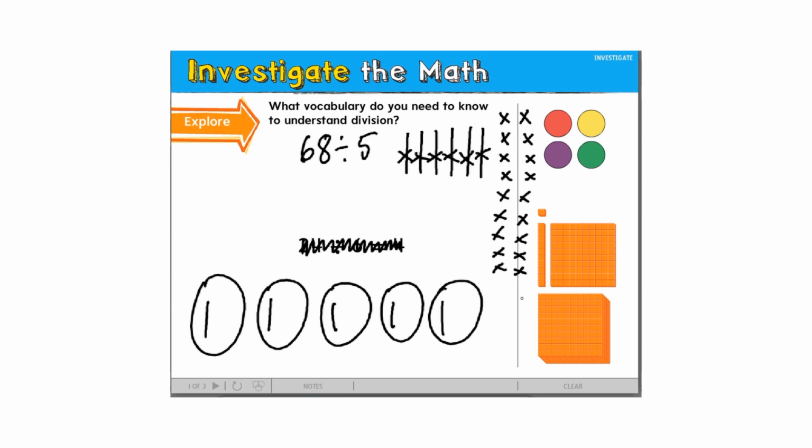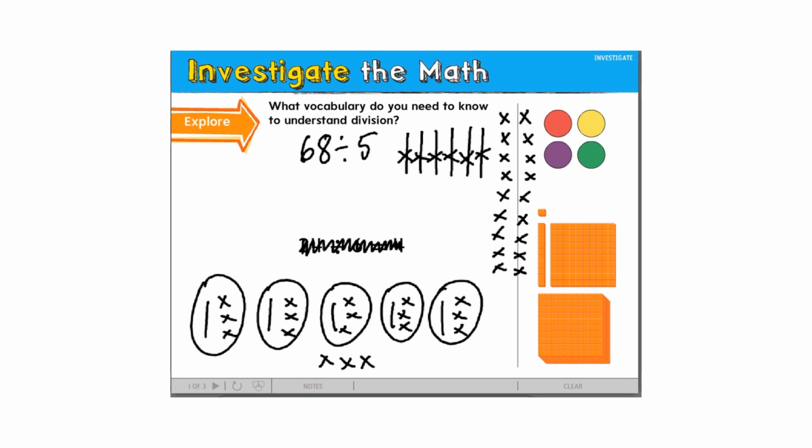And then I would take all of these, which would be 18, and go through all of these circles and see how many I could fit in. So I would go 1, 2, 3, 4, 5. There's 10. There's 15. 16, 17, 18 are left over. So this is what we did yesterday, where we had to draw all the pictures.